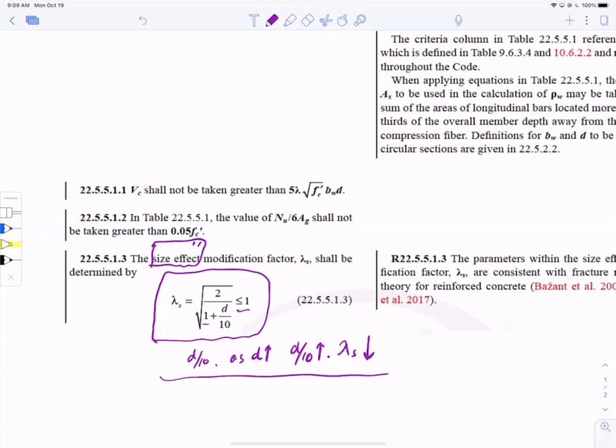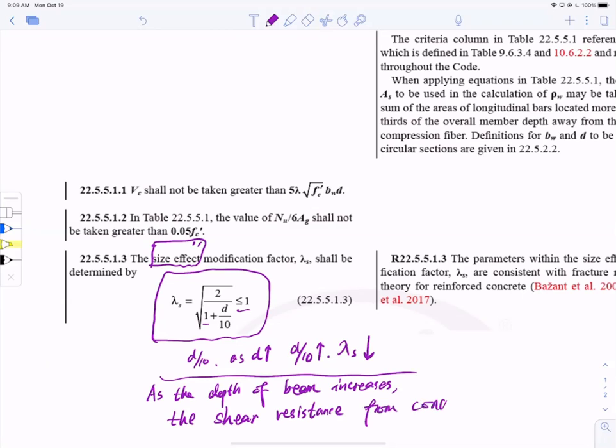What this means is that as the depth of the beam increases, the shear resistance from concrete, only from concrete, reduces.